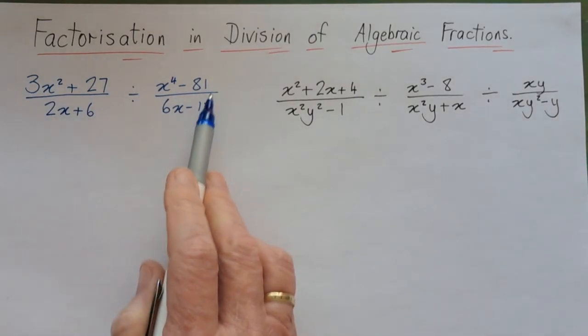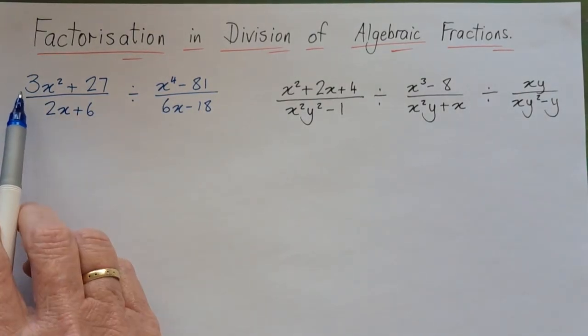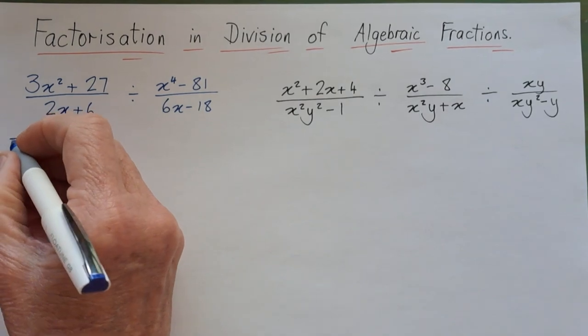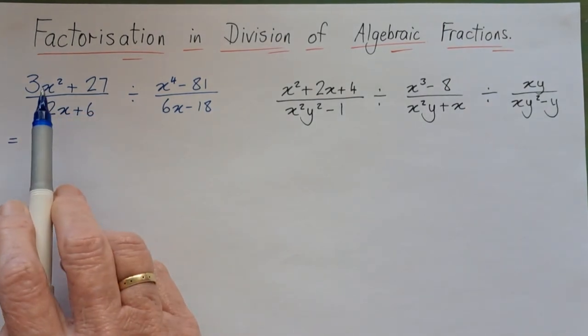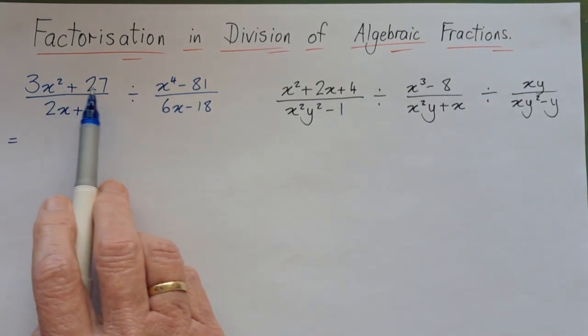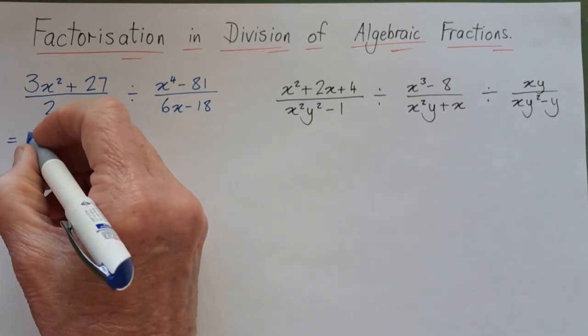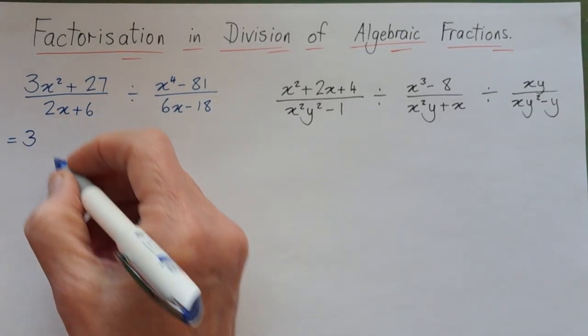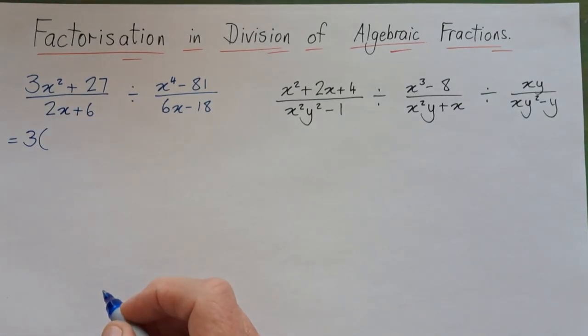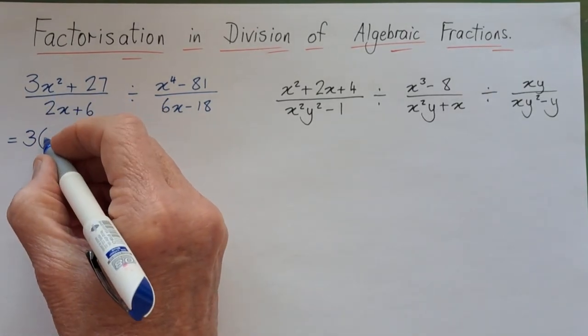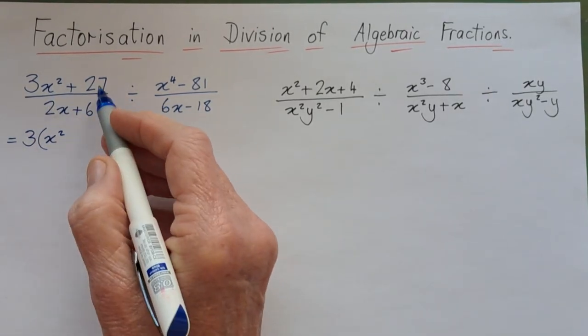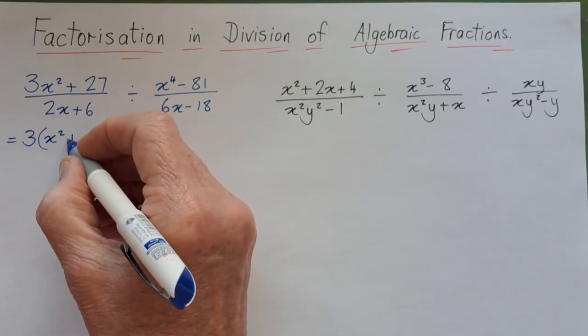So looking at this first example here, my numerator of the first fraction, I have an x variable there but no x in the second term, so I'm looking at my numbers and the highest common factor is 3. Once I've taken out the HCF of 3, I'm left with x squared, and 27 divided by 3 is 9.